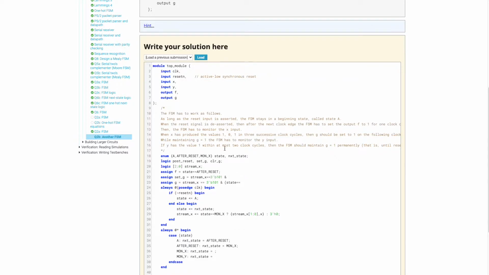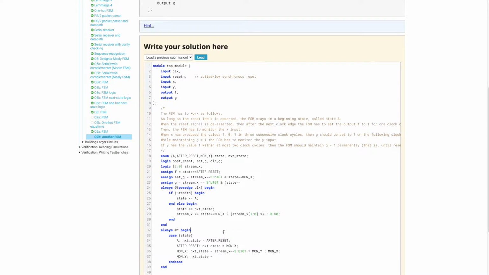So if I detect 101, my state's going to be at monitor X. So next state, as soon as I detect, then my next state will be monitor Y, otherwise stay in monitor X until I see this. And keep in mind that stream X won't be 101, it's not possible unless it's in this state, because otherwise we're always 0. So we go to this state, and then we start monitoring input.